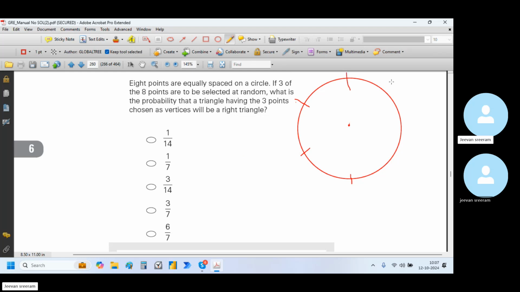Yeah, 4 and 4, there must be 8, right? So we got 8. Yes, they are all equally spaced. If 3 of 8 points must be selected, so the total number of chances is going to be 8. See, 3 must be selected, right?